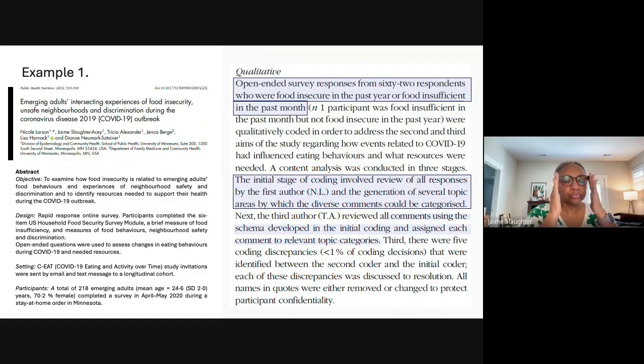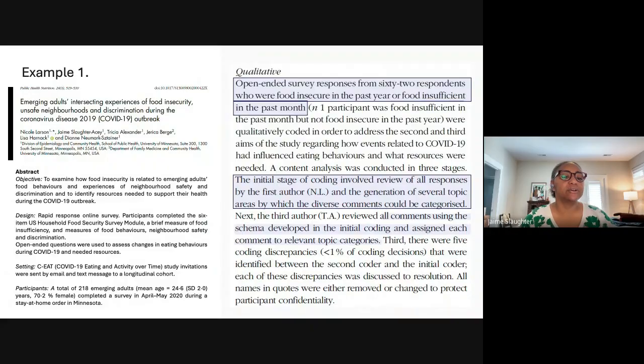And so what we did during the pandemic, because things were constantly changing, as you all know, is that we had to conduct a rapid response online survey. We sent out surveys to people who were participating in this larger longitudinal study.